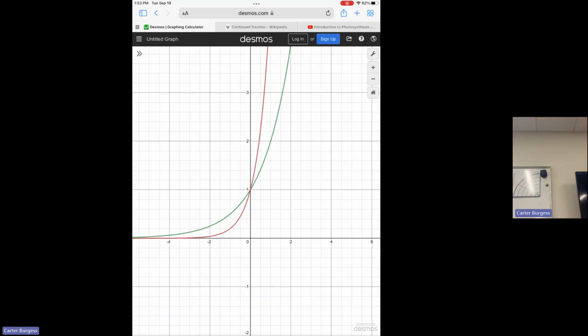Really, the message that I have here is that it's very, very easy to think of 2 to the power of x as one parent function, 5 to the power of x as another parent function. But you'll often hear math professors say there is only one exponential base that matters, and it's e.